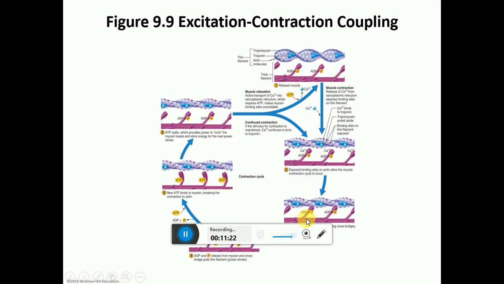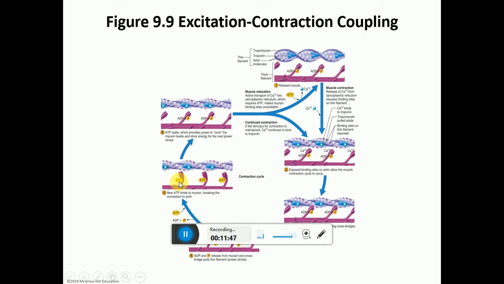Now this leads to sliding of the actin on top of myosin. So you can see here how it's stroking. And now that myosin head has to release itself from the binding site in order to perform another stroke. And it won't do that until it gets more ATP.